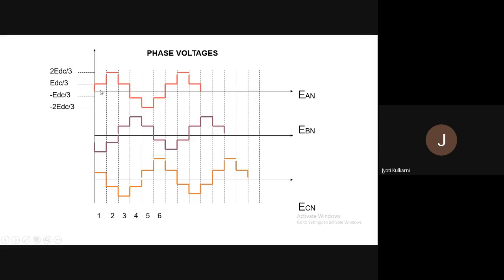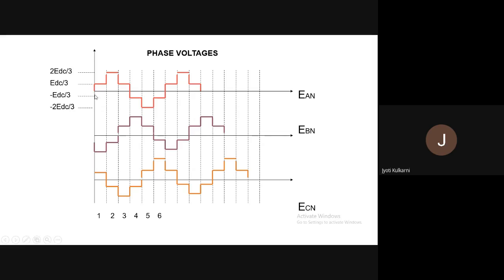Each step is of 60 degree. So the complete duration of the positive half cycle is 180 degree, and the complete duration of the negative half cycle is 180 degree. Like that, for every phase voltage, A phase voltage has started from 0, whereas B phase voltage started its positive half cycle after 120 degree with respect to A. It means it is proper, because A and B should be 120 degree displaced from each other.